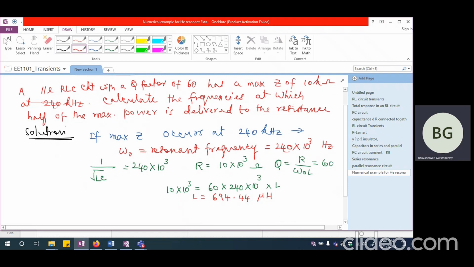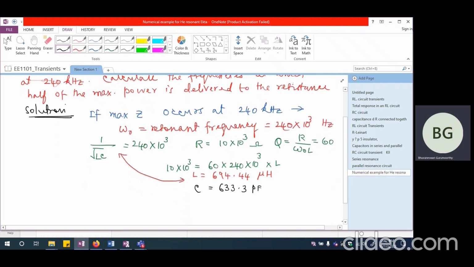Now from this L value and this equation, we can calculate what is C. So the C value comes out to be 633.3 picofarad. So 10 power minus 12, that is picofarad.